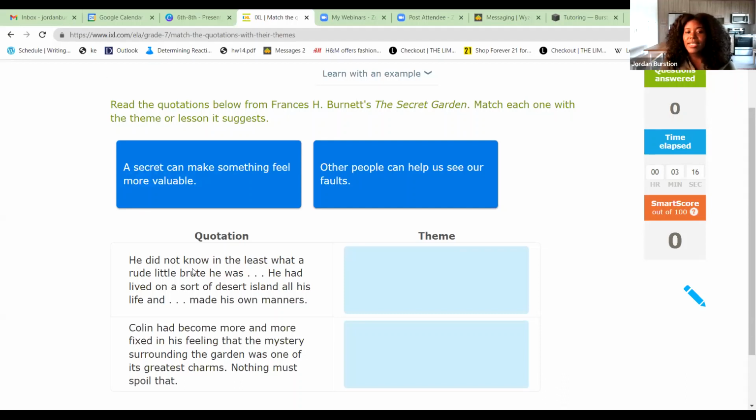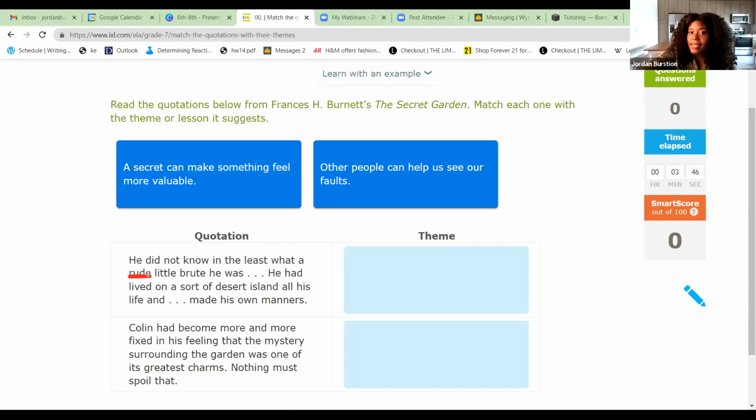This first quotation said, he did not know in the least what a rude little brute he was. He had lived on a sort of desert island all his life and made his own manners. All right, so this first one, now The Secret Garden is a very old book, so some of the language may feel a little unfamiliar. This first part is saying he didn't know that he was rude.